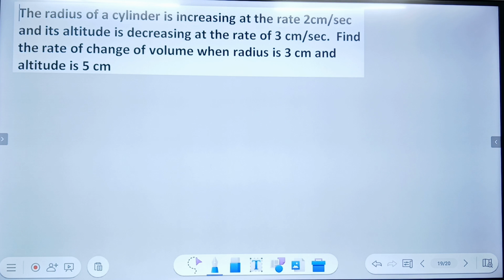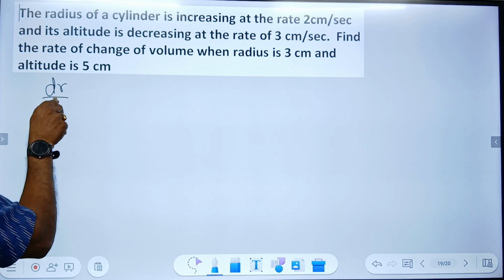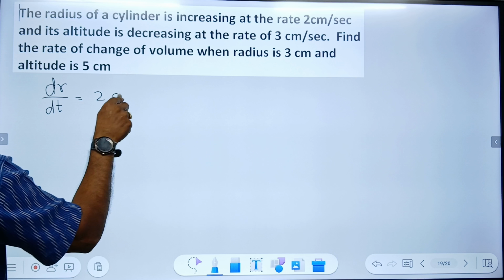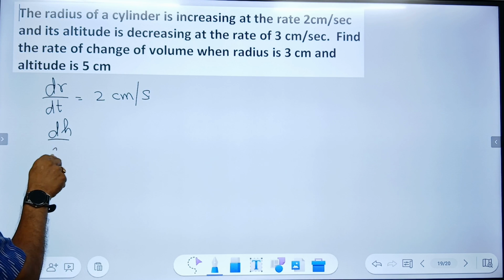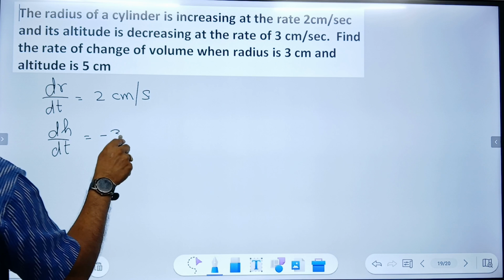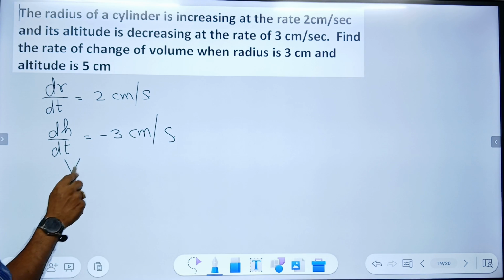Okay, the radius of a cylinder is increasing at the rate of 2 centimeters per second, and its altitude is decreasing. So dr by dt is 2 centimeter per second, and dh by dt is minus 3 centimeter per second. Find the rate of change of volume. So what is volume?